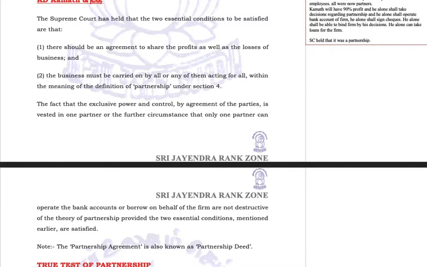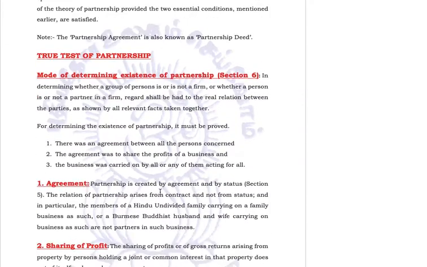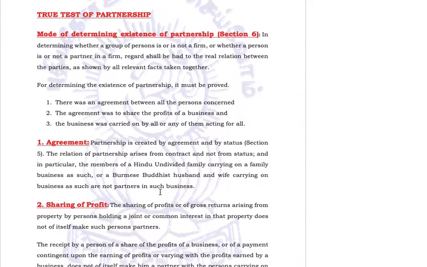It will not stop the mutual agency. It will not stop the element of partnership between them. So the Supreme Court held that indeed it was a partnership firm. Now you understand the true test of partnership, and we will discuss it in a minute or two. You read it meanwhile.